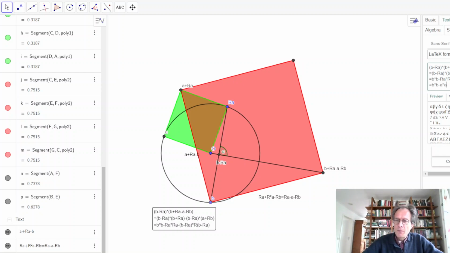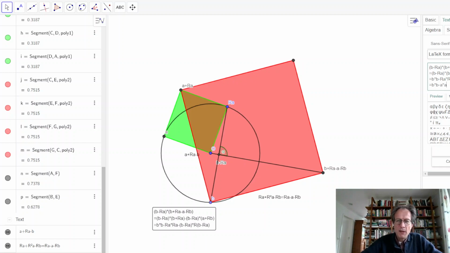Then the other term: I have a vector B minus RA and the dot product with its rotation. So a vector and the dot product with its 90 degrees rotation, that's 0. The dot product of orthogonal vectors is 0. So that term cancels out completely.